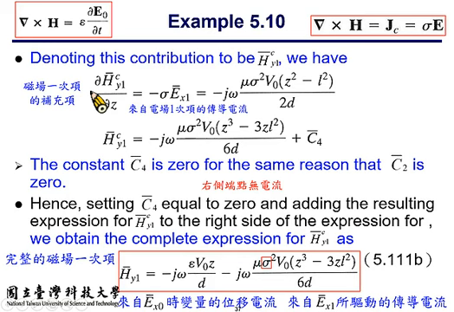Alright, so here's the complete expression for HY1, which contains two terms. One is from time variant EX sub 0, and the other term is due to the presence of EX1. Note that the frequency dependence of HY1 are omega for the first term and omega for the second term. So they fall in the category of first order term. Alright?